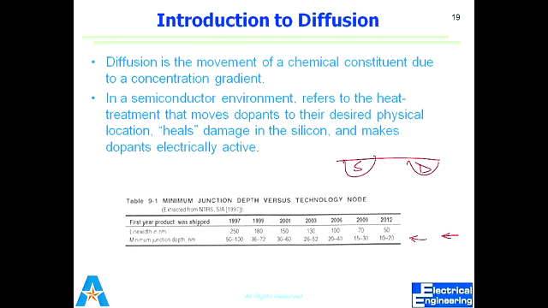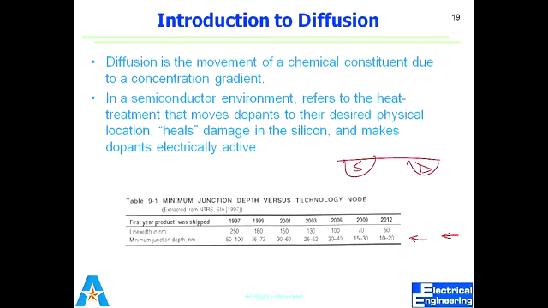Introduction to diffusion. What is diffusion? As I told you, the movement of the dopant inside your wafer is the diffusion: the movement of a chemical constituent due to the constituent gradient. In general terms, what is diffusion?